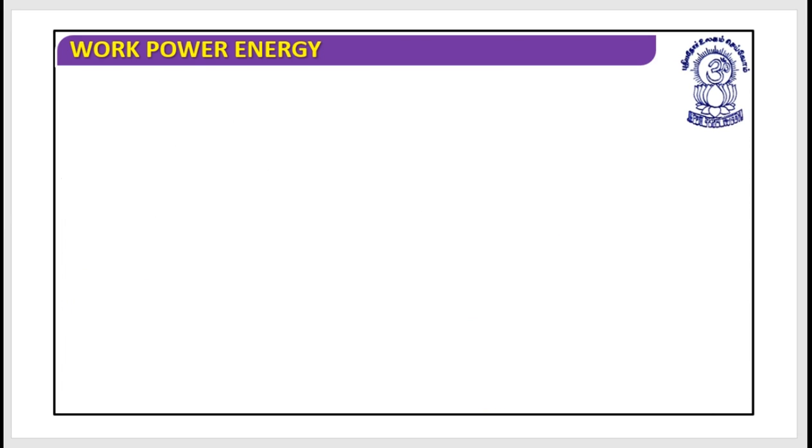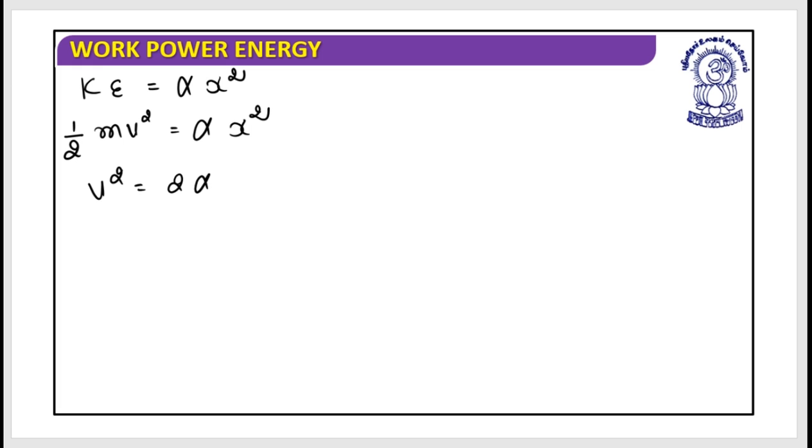So let's begin. We have the relation, kinetic energy is equal to alpha into x square, and kinetic energy can be written as 1 by 2 mv square, which is equal to alpha into x square. So from this we have v square equal to 2 alpha x square divided by m.